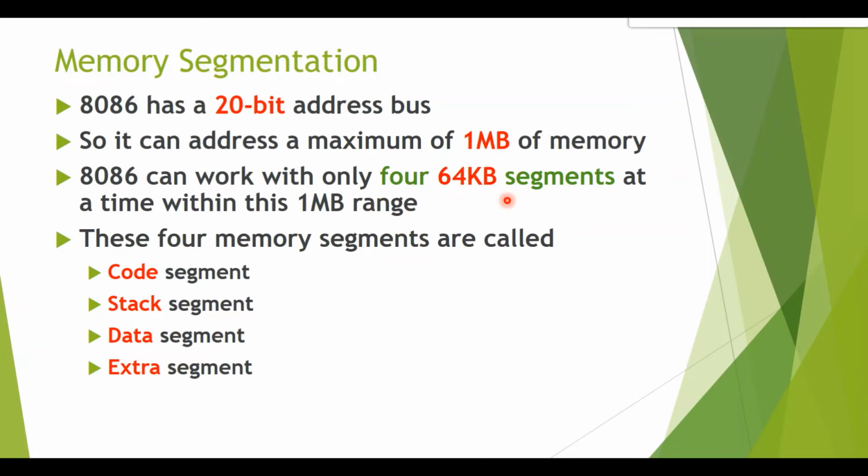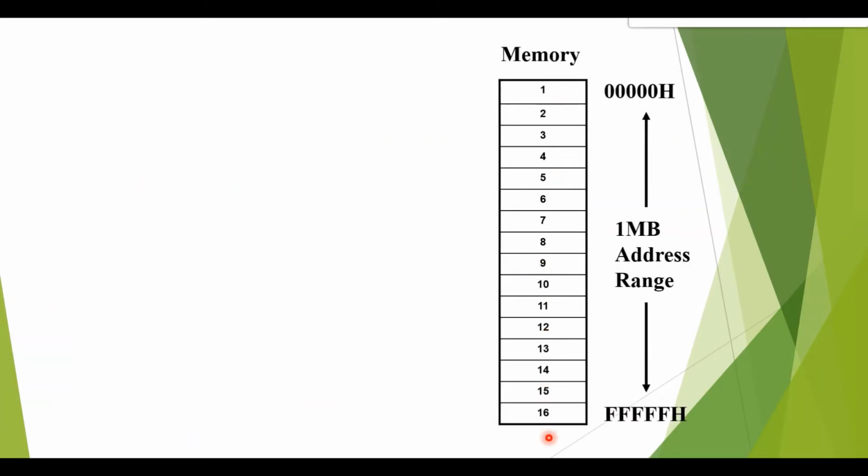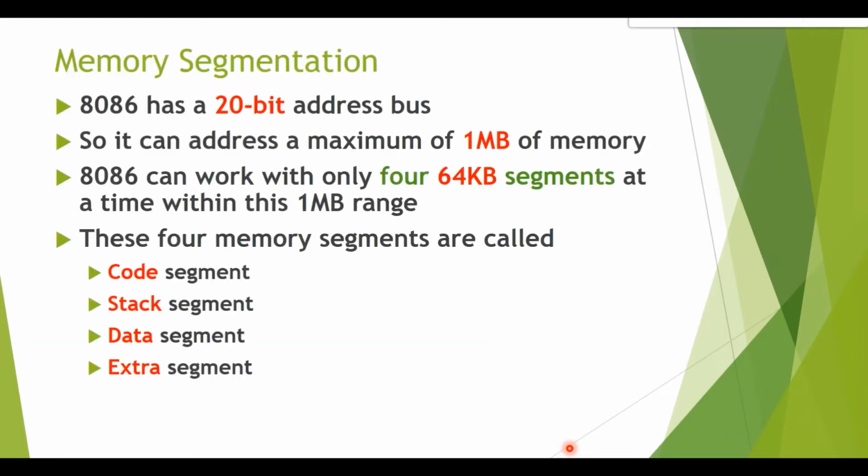So the 4 logical segments which are active are known as the code segment, stack segment, data segment and the extra segment. So these 16 segments are further divided into 4 different segments. One is the code segment, then another is the stack segment, data segment and the extra segment.